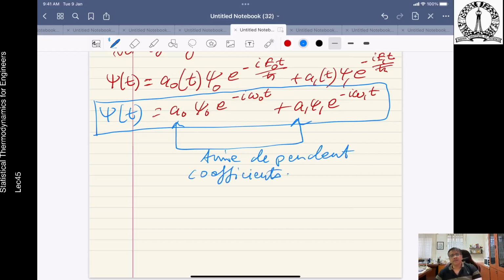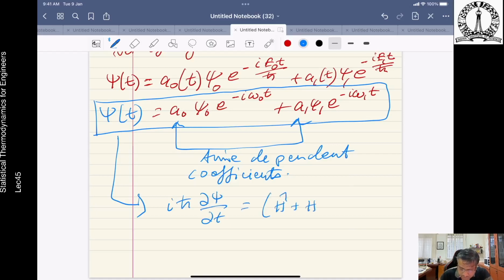Okay, so substitution of this particular solution into the time-dependent Schrodinger's wave equation. So this is the complete time-dependent solution.